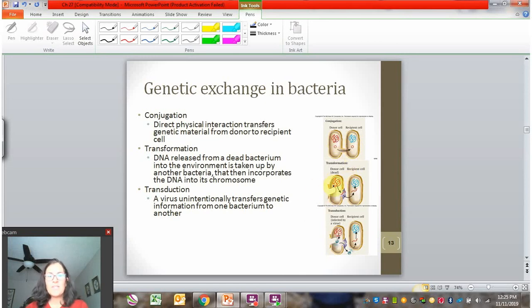Transformation is when one cell dies and another cell is able to pick up the DNA from that dead cell and pick up any possible mutations. And then the third type is transduction, where a virus accidentally transfers a piece of DNA from a cell that it killed to a new cell. And so these are three ways that we can get, again, movement from one cell to a cell that is not its offspring.